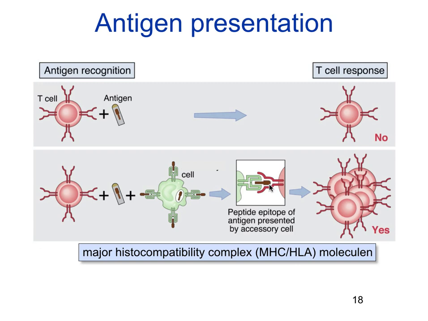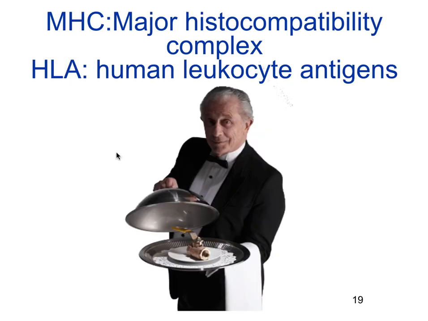These molecules are used to present part of a protein to the T cell. And if the T cell then recognizes this presented peptide, then it can become activated, and then a response can start. So this major histocompatibility complex, or the human leukocyte antigens, is basically like a presenting tray for T cells. They want their food presented to them on a tray, otherwise they do not respond.